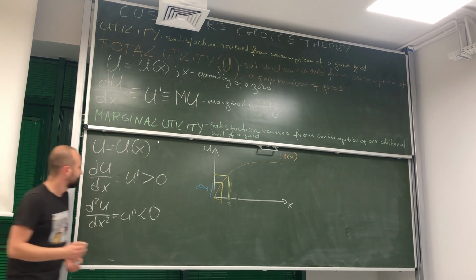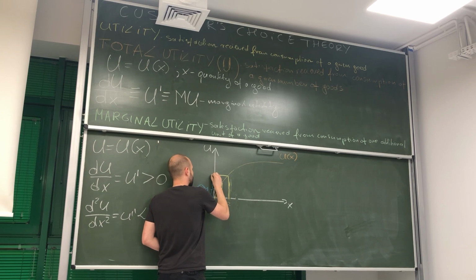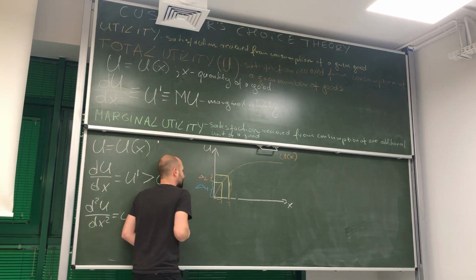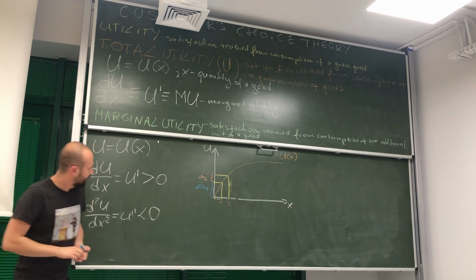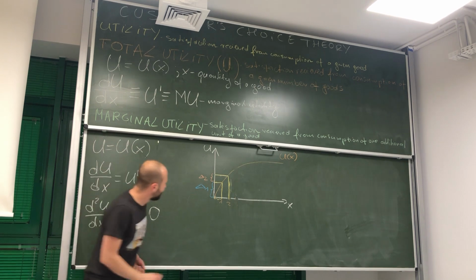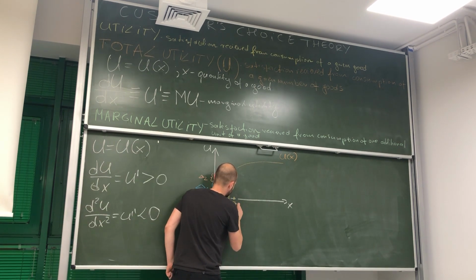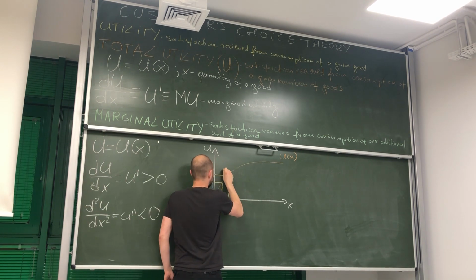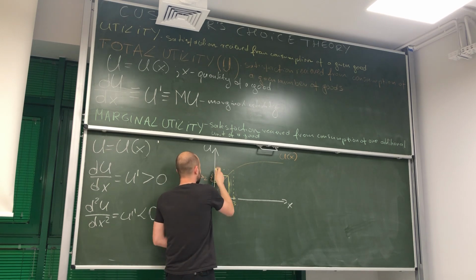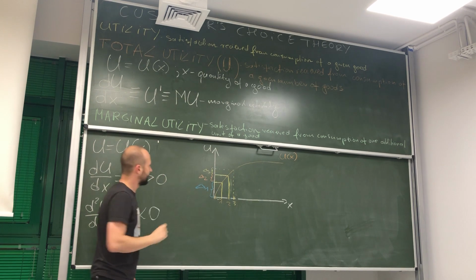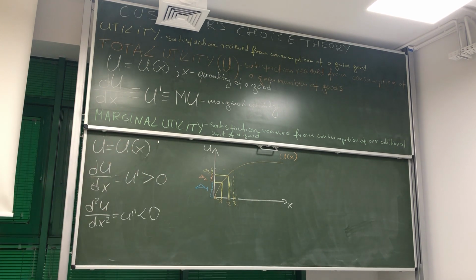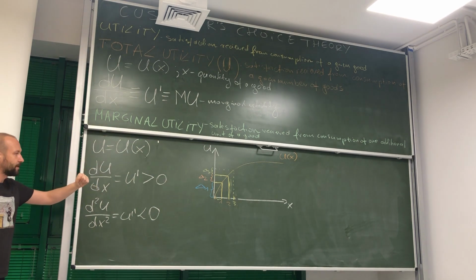Is clearly bigger. And for example, this distance, right? And we would expect now that if we would have here a third unit of a good, the distance we would have here would be even smaller. And this is the pattern that we observe, right?